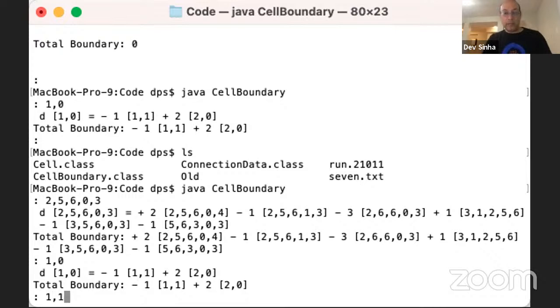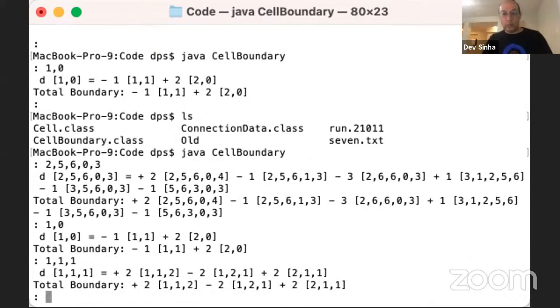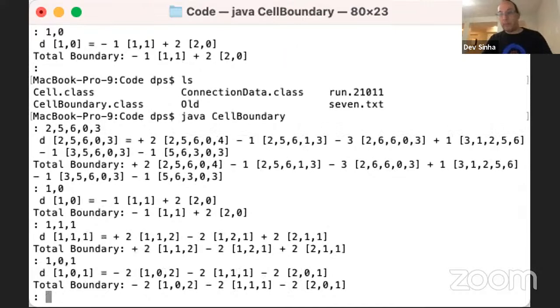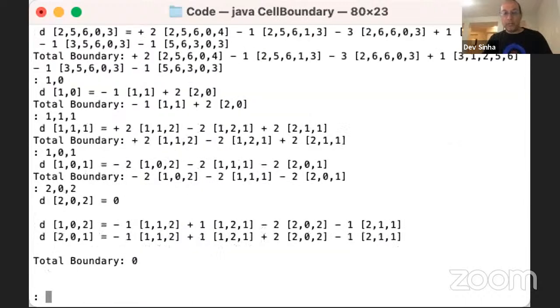So here's a mod 2 cocycle, 1, 1, 1. Its boundary is twice 1, 1, 2 minus 1, 2, 1 plus 2, 1, 1. So this is a mod 2 cycle, but of course it's not an integral cycle. 1, 0, 1 similarly is not a mod 2 cycle, but 2, 0, 2 is.